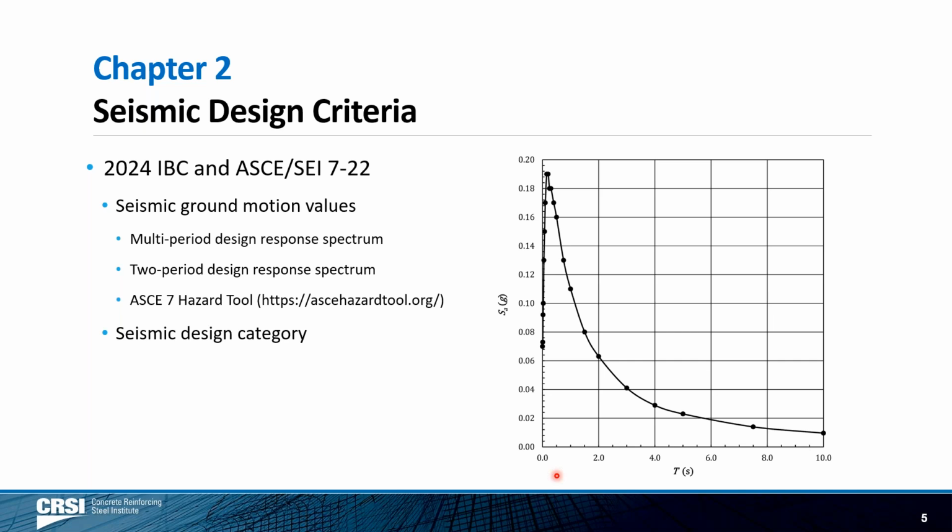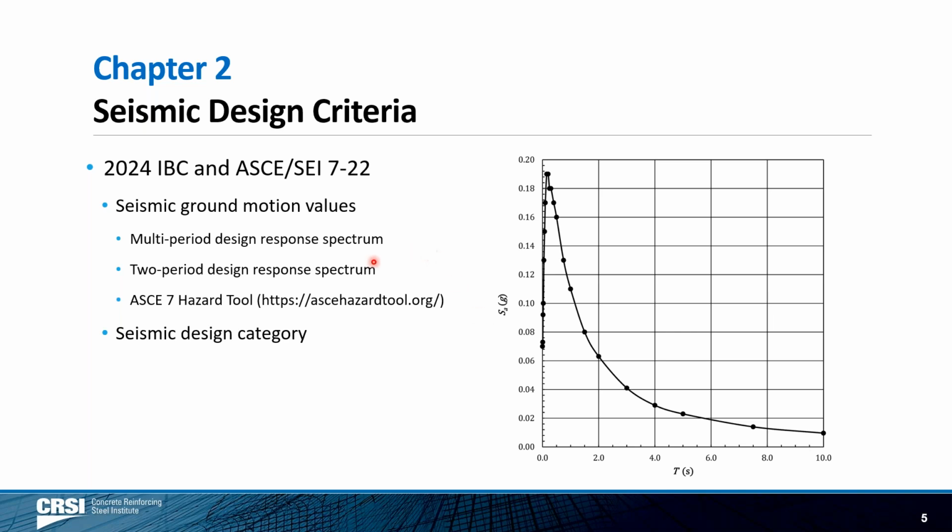So all of the seismic ground motion values, if you're not aware, in the latest edition of ASCE 7, there is a multi-period design response spectrum that is now available to use. And you can see that here on the right-hand side of the slide, where we have on the horizontal axis the period of the building, and on the vertical axis the design acceleration. And that design acceleration is going to be used in the determination of the seismic base shear.